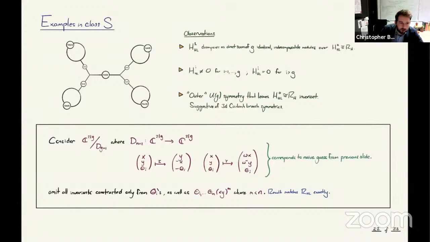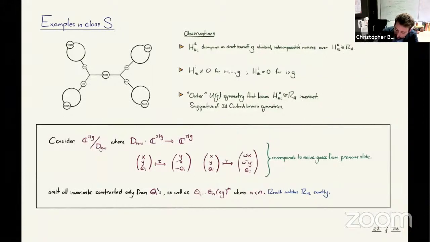And so there's some well-defined cohomology problem to solve, but you still have to solve it. For the class S theories of type A1 corresponding to a genus g Riemann surface, the Higgs branch, as computed first by, I think, Hanany and collaborators, is the Kleinian singularity C² modulo the binary dihedral group D_{g+1}.